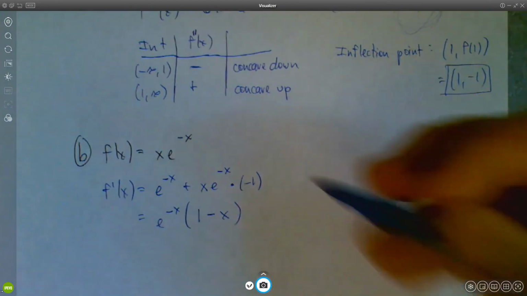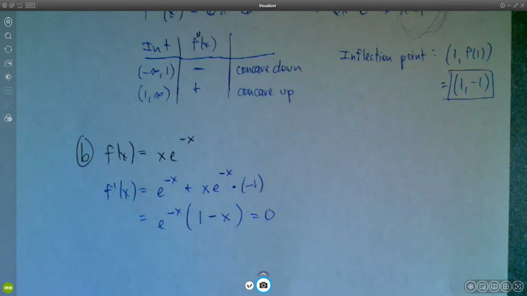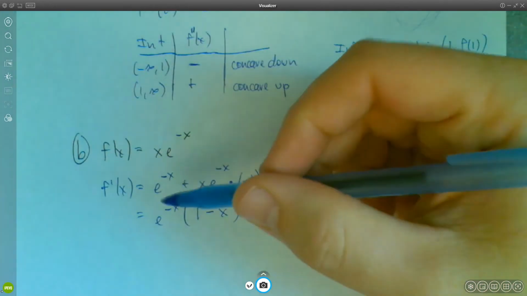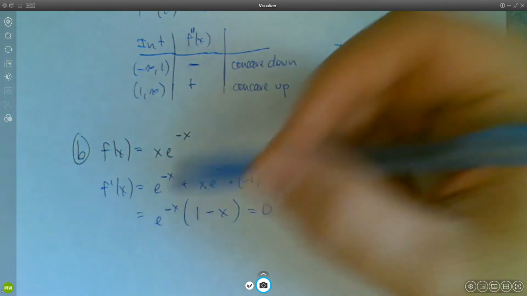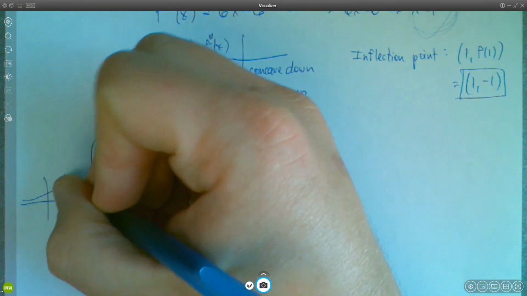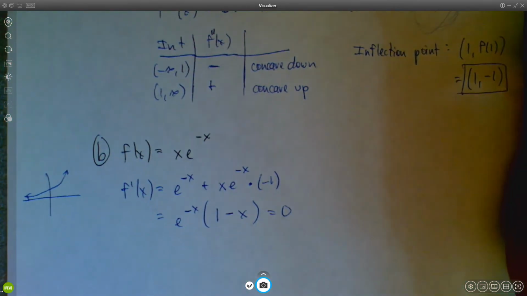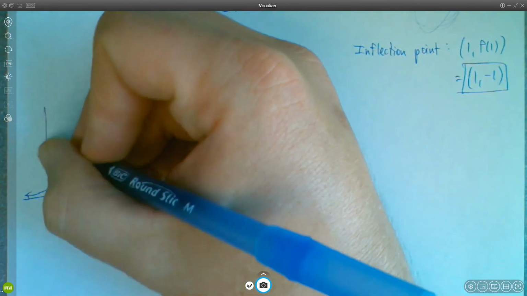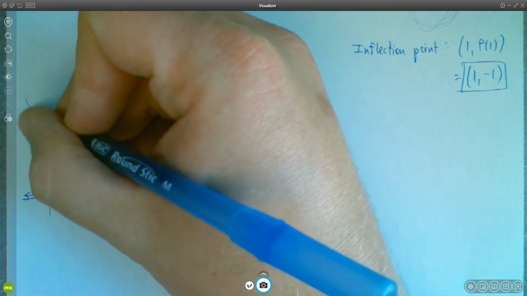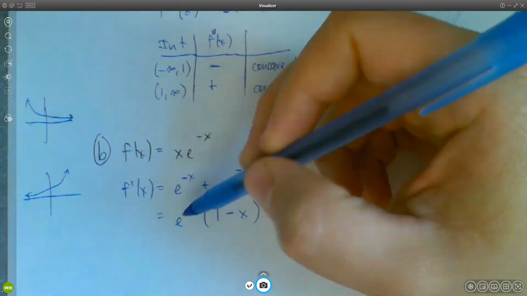Now I want to set that equal to 0 and solve for x. So let's remind ourselves e to the x looks like this, right? It's an exponential function. E to the negative x would be a reflection across the y-axis, so it's going to look like that. But either way, it's never going to be 0, right?